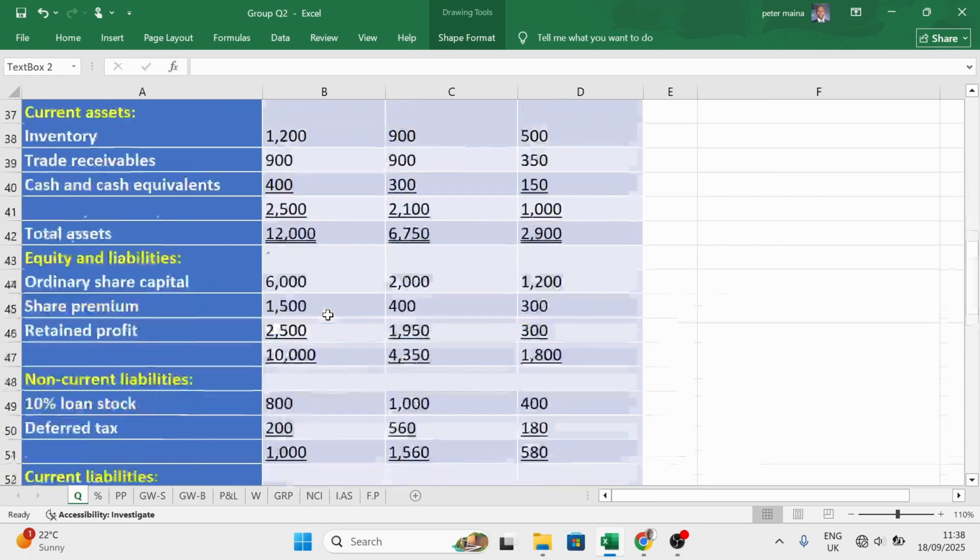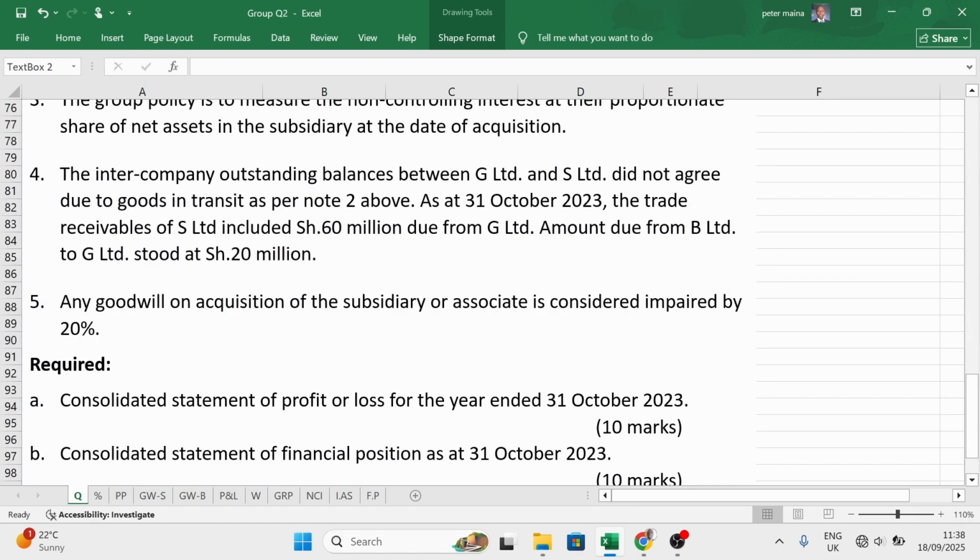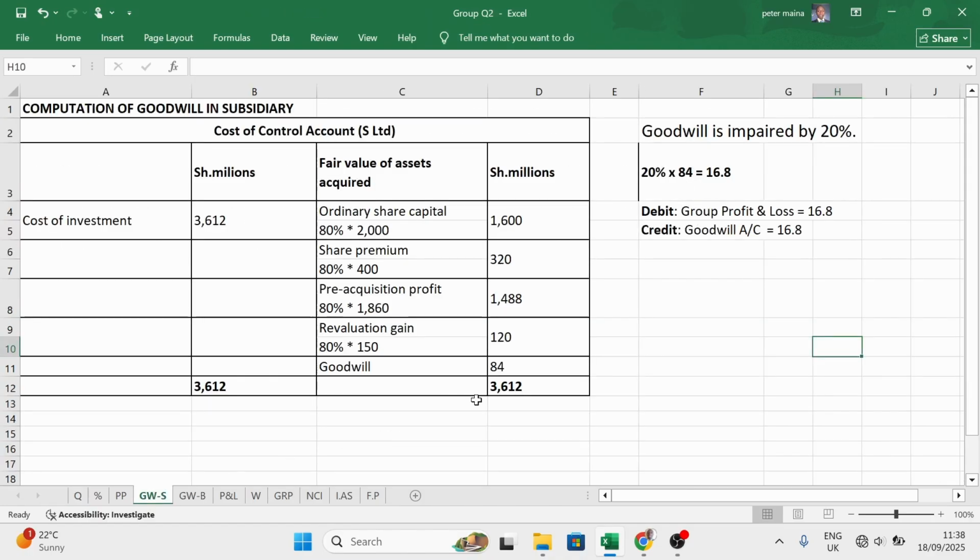So the question, the last point, number 5, you are told any goodwill on acquisition of the subsidiary or associate is considered impaired by 20%. So you calculate that. You take 20% of 84, it will give you 16.8.